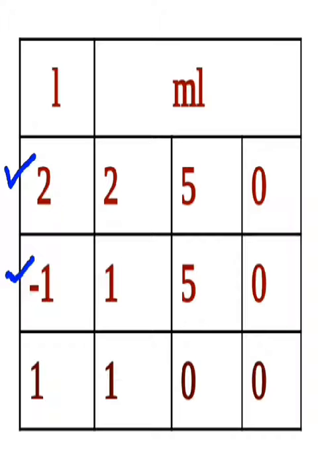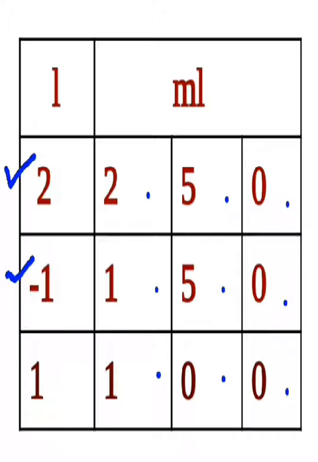Children, here we have 0 and 0. So 0 minus 0 is 0. In the next column we have 5 and 5. So 5 minus 5 is 0. Now in the next column we have 2 and 1. 2 minus 1 is 1.